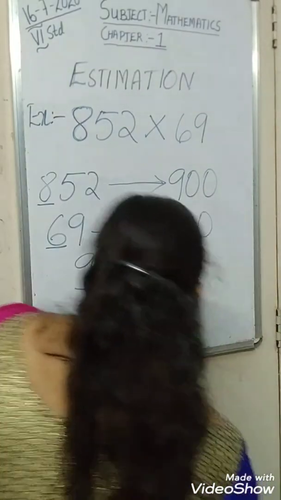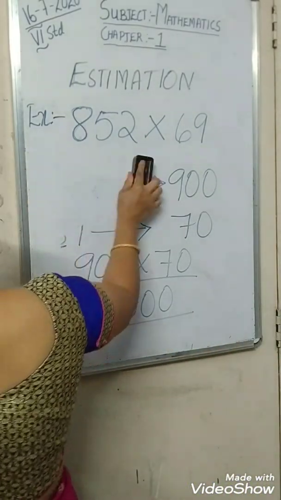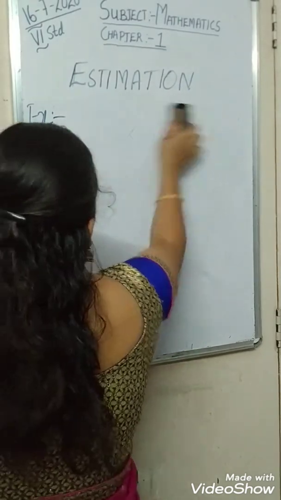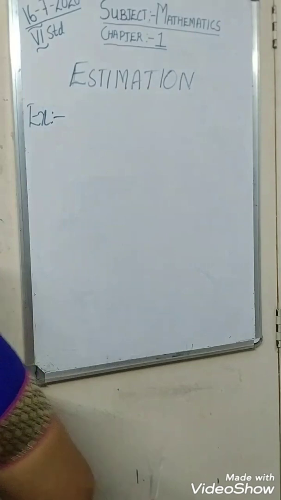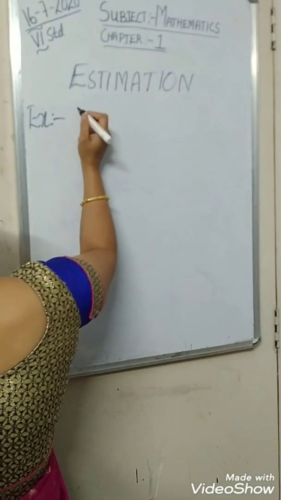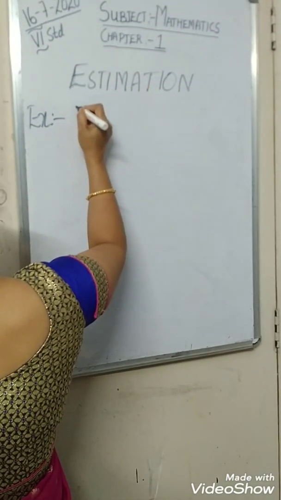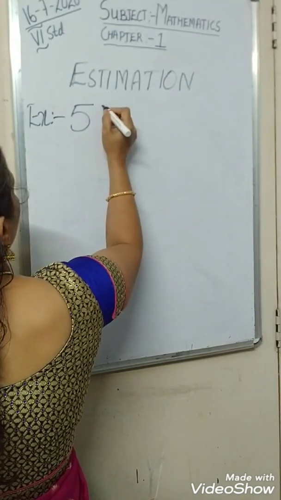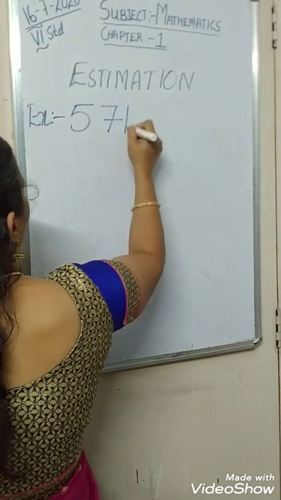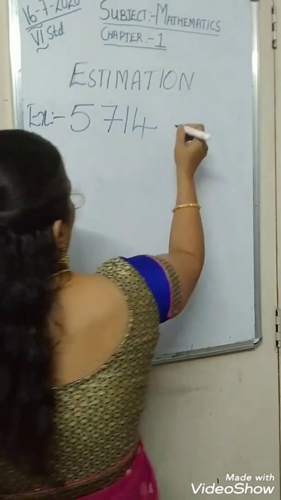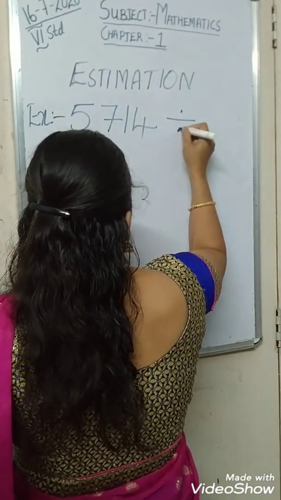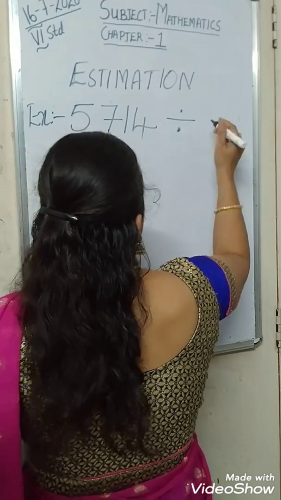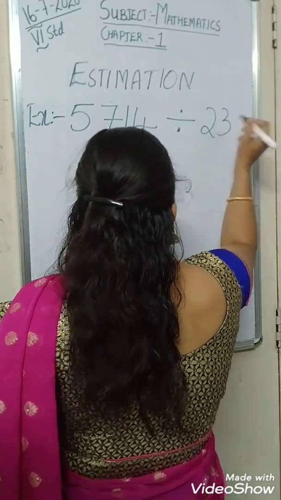Now let us see the division of numbers after estimating. The example is 5,714 should be divided by 23.